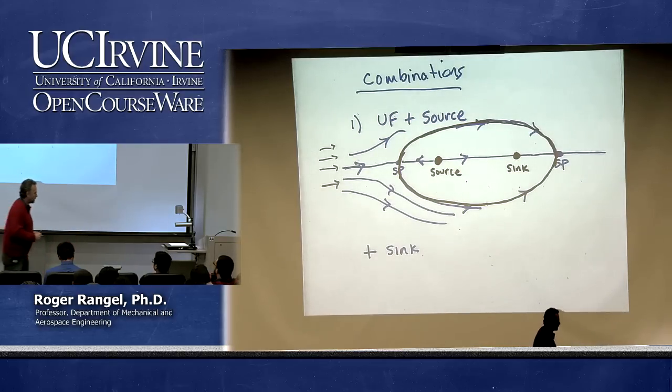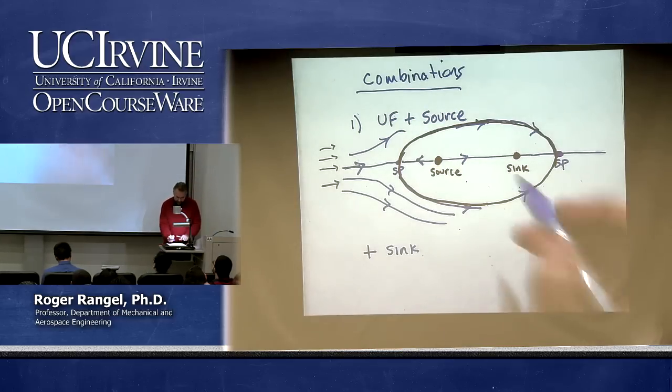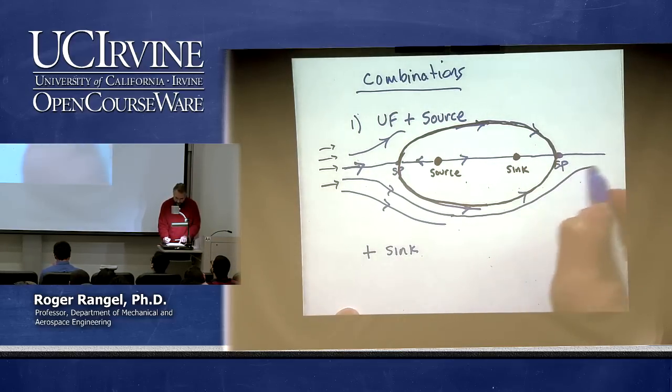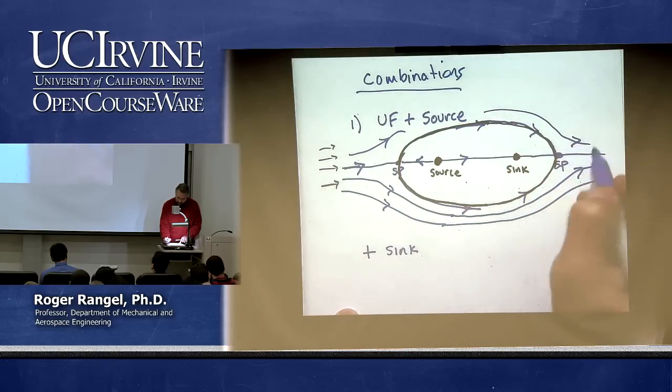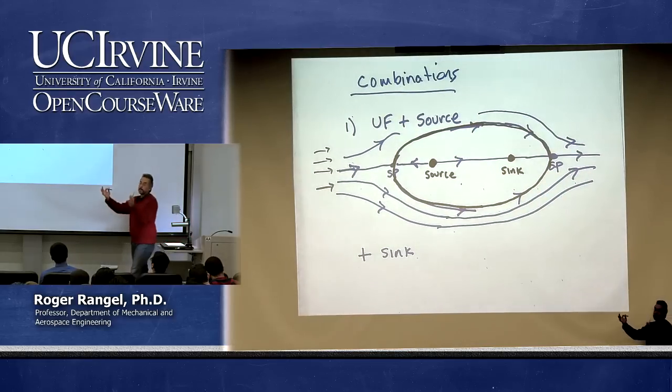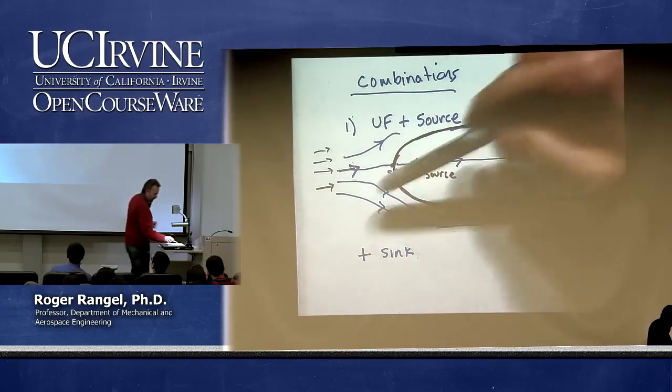Right? And then you can draw the rest of the streamlines. Again, this would have to, of course, go like that, and go like that, and go like that. So then you have a full body, which has a specific shape, because it has to be the shape of that closed streamline.